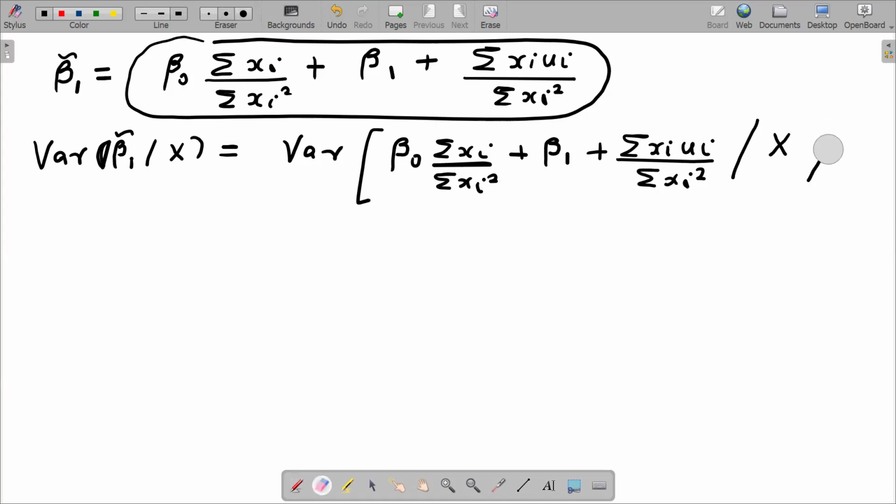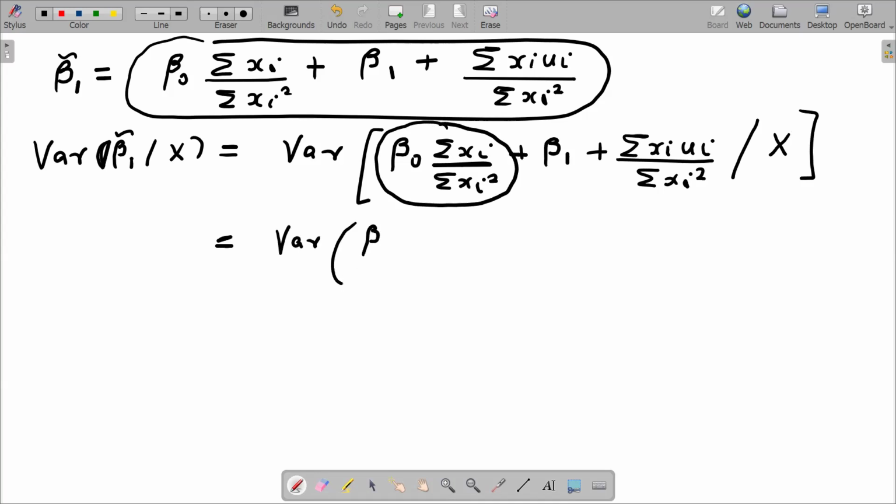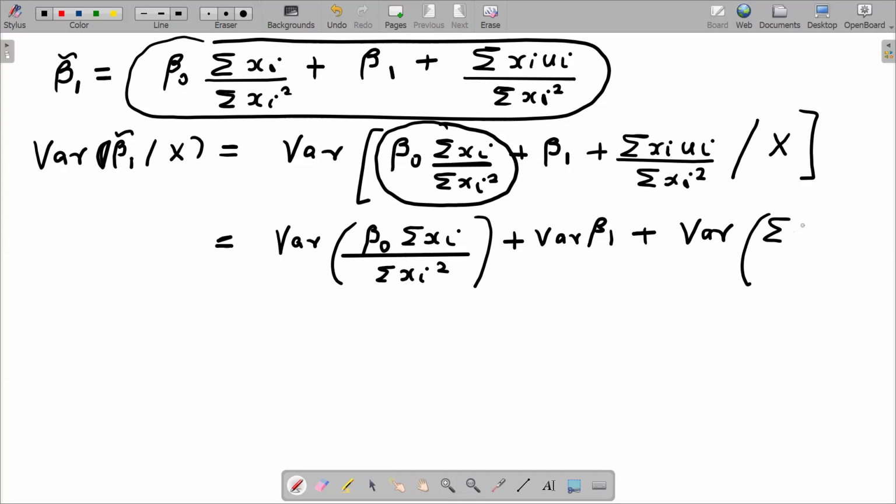This I can write as, now guys, this is non-stochastic, so this is a constant. Variance of this is 0. First of all, let me just open up the variance. So variance of beta naught summation xi over summation xi square plus variance of beta 1 plus variance of summation xi ui over summation xi square conditional on x.